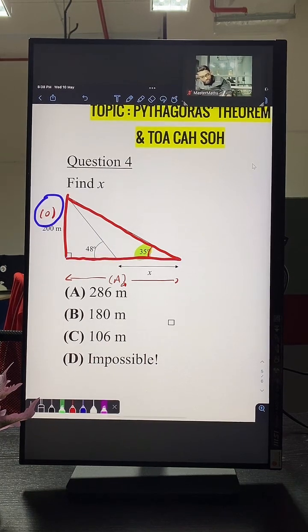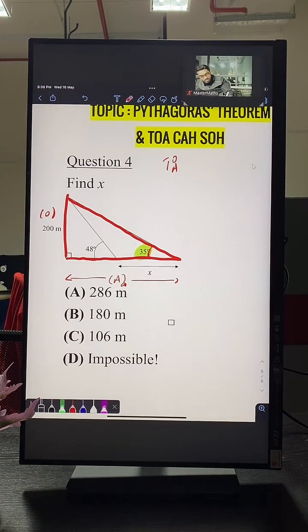So opposite and adjacent, what do we use? SOH, CAH, TOA. Don't bother about the rest. We just focus our efforts on TOA.